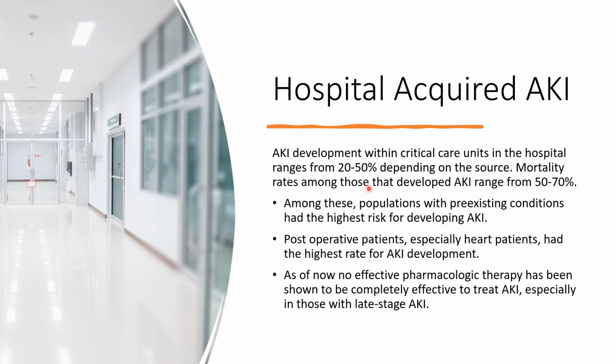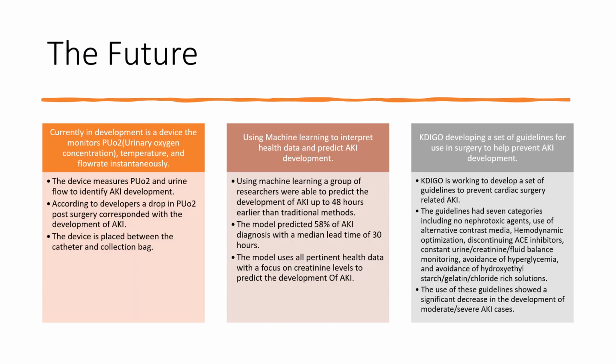So among these, populations with pre-existing conditions had the highest risk for developing AKI. Post-operative patients, especially heart patients, had the highest rate for AKI development. And as of now, there is no pharmacological therapy that has been shown to be completely effective to treat AKI, especially in those with late-stage AKI.